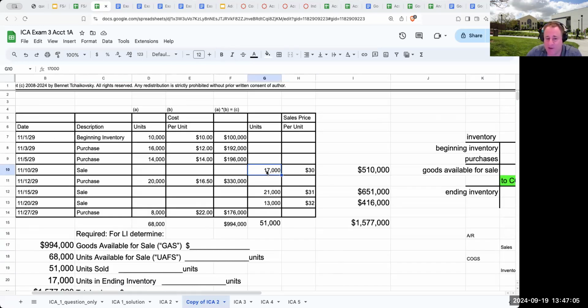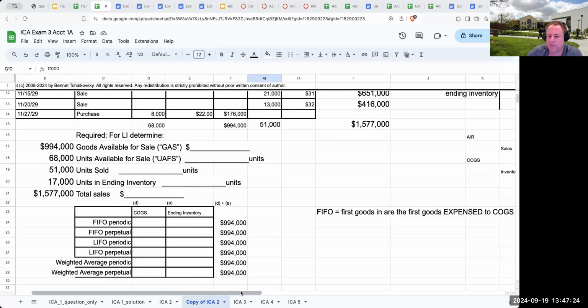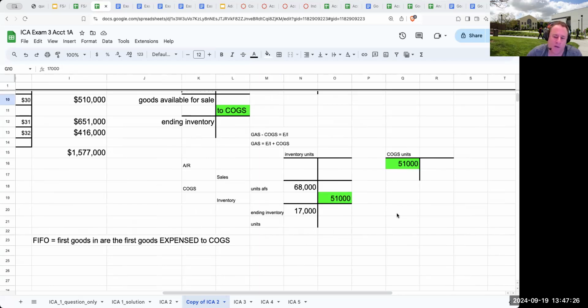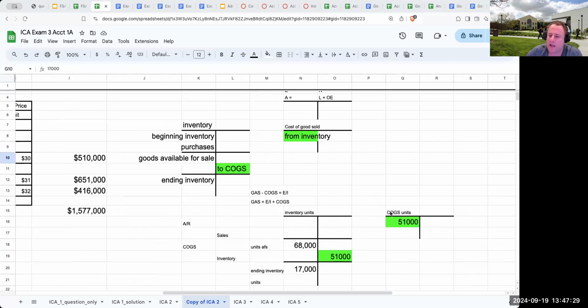Well, I made a sale here of 17,000. First in, first out, I'm going to take 10,000 from my beginning inventory. And then, if I'm doing a perpetual, I'm going to take another 7,000 from this to come up with 17,000. The first goods in are going to be the first that are expensed to cost of goods sold.